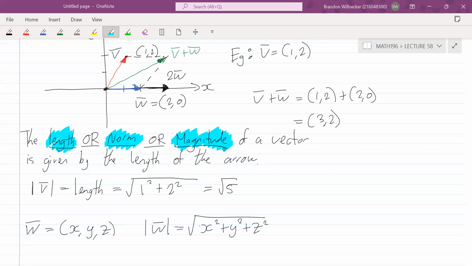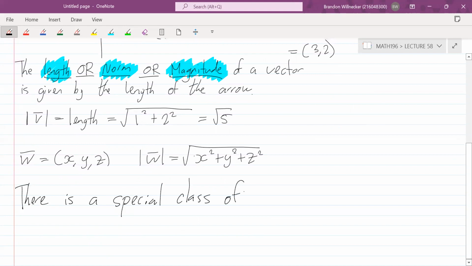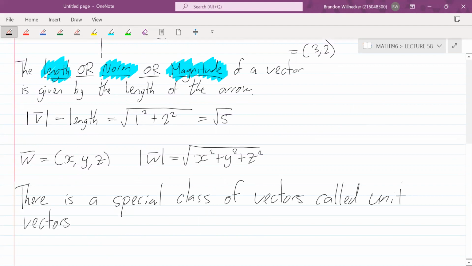Okay, so now we know how to find the length of a vector. That gives us a special class of vectors called unit vectors, which have length of 1.